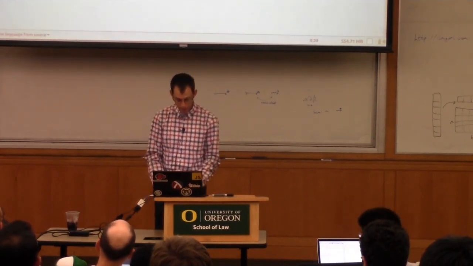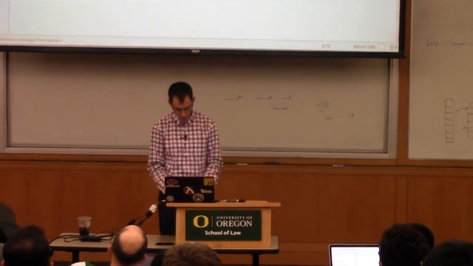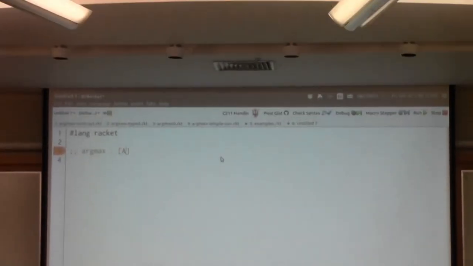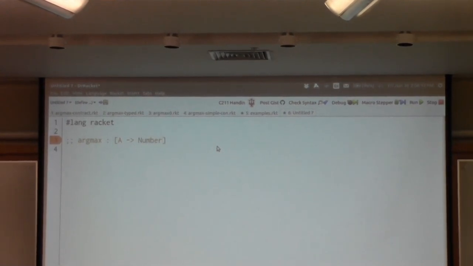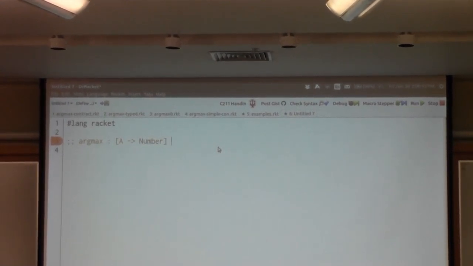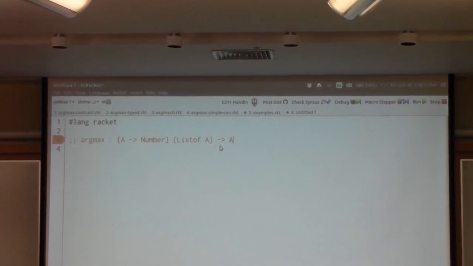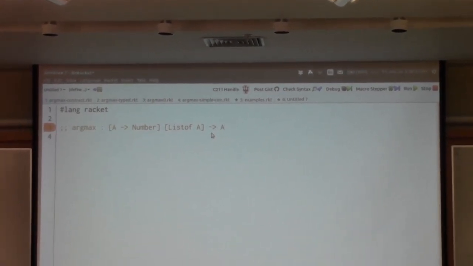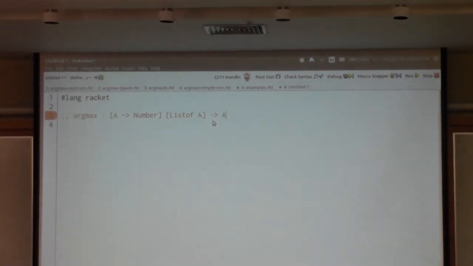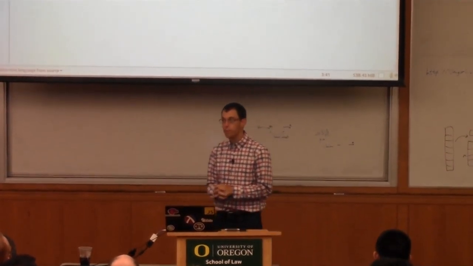The way that I teach my first-year students to specify something like Argmax would look something like this. So this is the kind of specification that presumably many of you will recall from yesterday or the day before when we talked about polymorphism in programming languages.